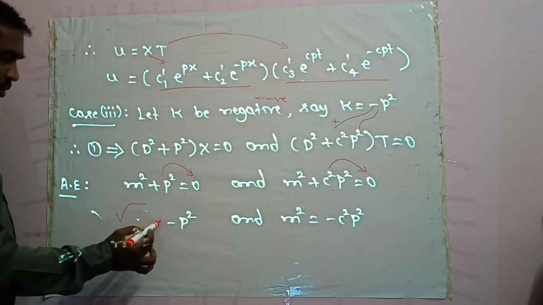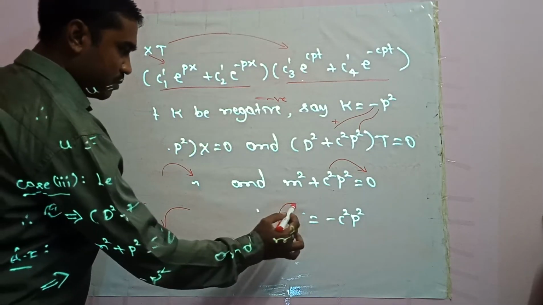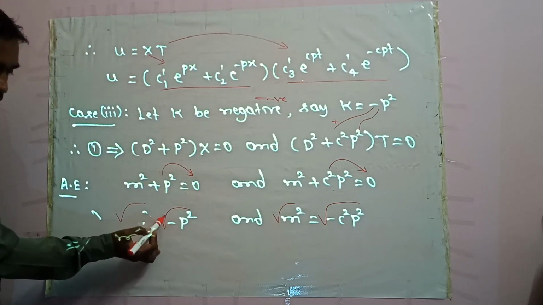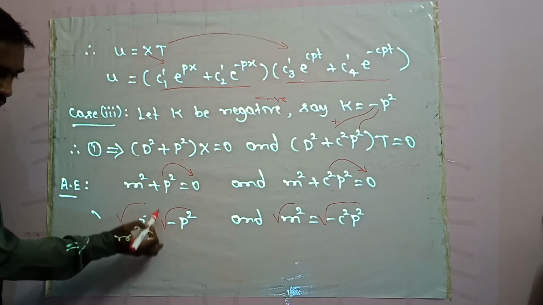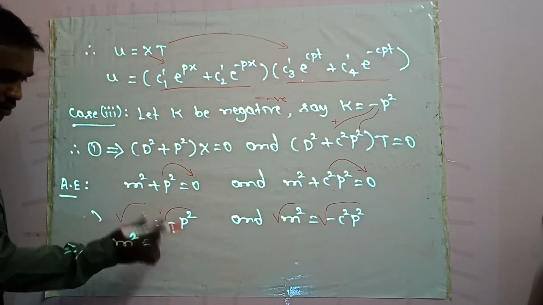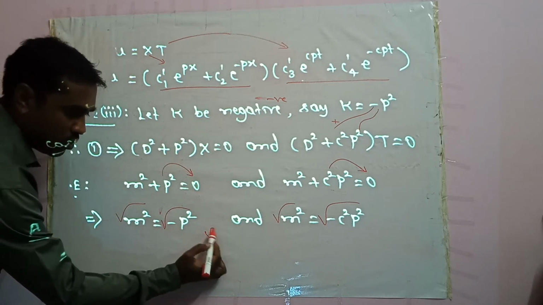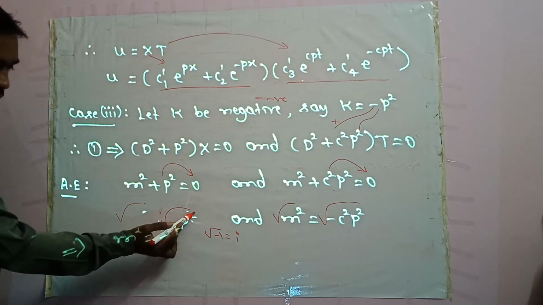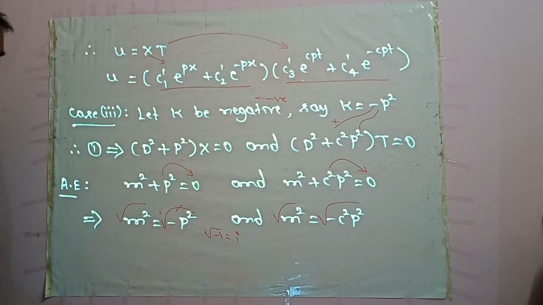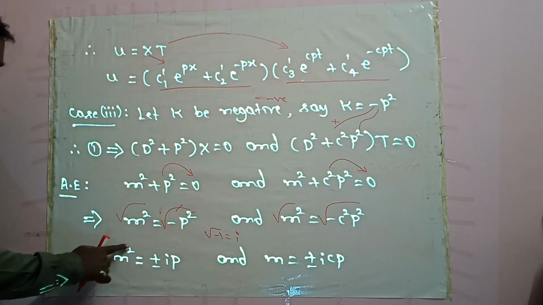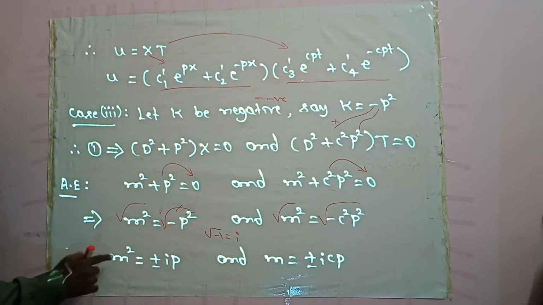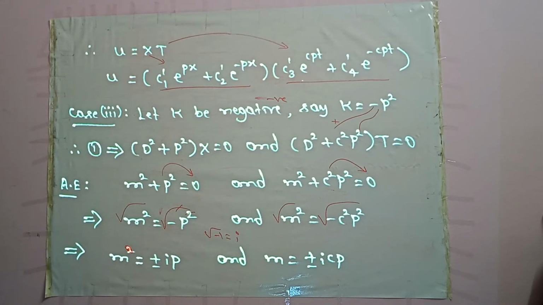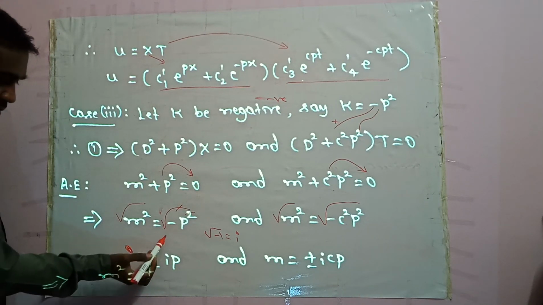If you apply root on both sides, root of minus 1 is i, and the square and root will get cancelled. So m is equal to plus or minus i.